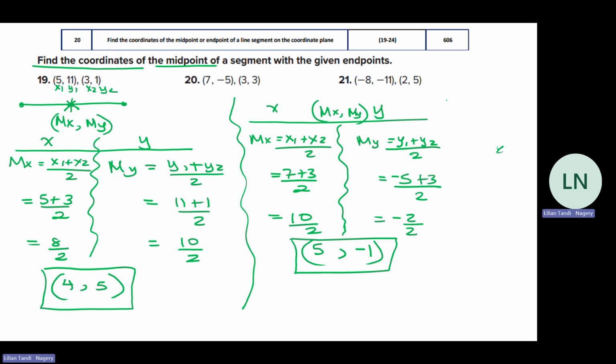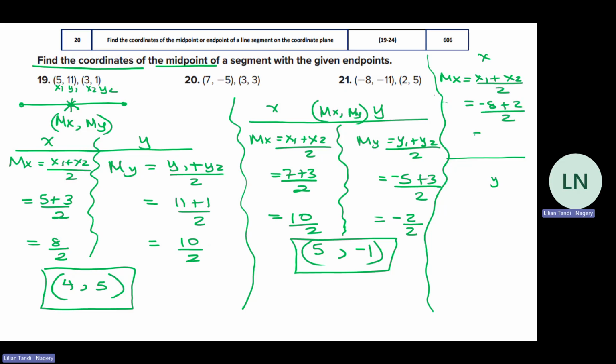Then you do this one. I don't have space, so I'm going to do it up and down like this. So here I'm going to do my x, and here I'm going to do my y. Okay? Mx equals x1 plus x2 divided by 2, which gives you negative 8 plus 2 divided by 2, which gives you negative 6 divided by 2, which gives you negative 3.